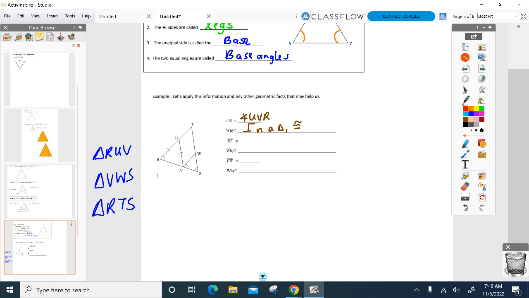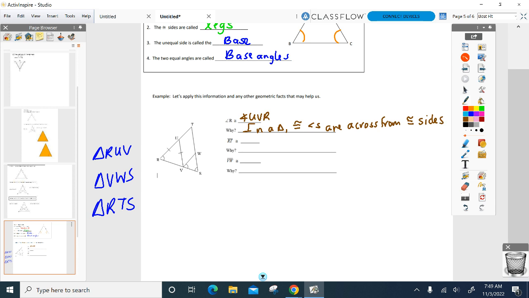Congruent angles are across from, and you guys want to finish that? Are across from. I like it. I never heard that one before. Spence, way to go. You can use are across from legs or congruent sides.